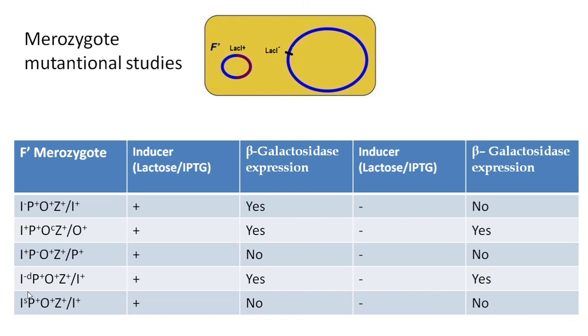So it will always block the operator region even when allolactose or lactose is present. So it does not depend on the presence or absence of the substrate and will block the transcription. IS is dominant over ID and OC is dominant over all of them. So this is how these mutations helped us to understand the function of different regulatory elements.